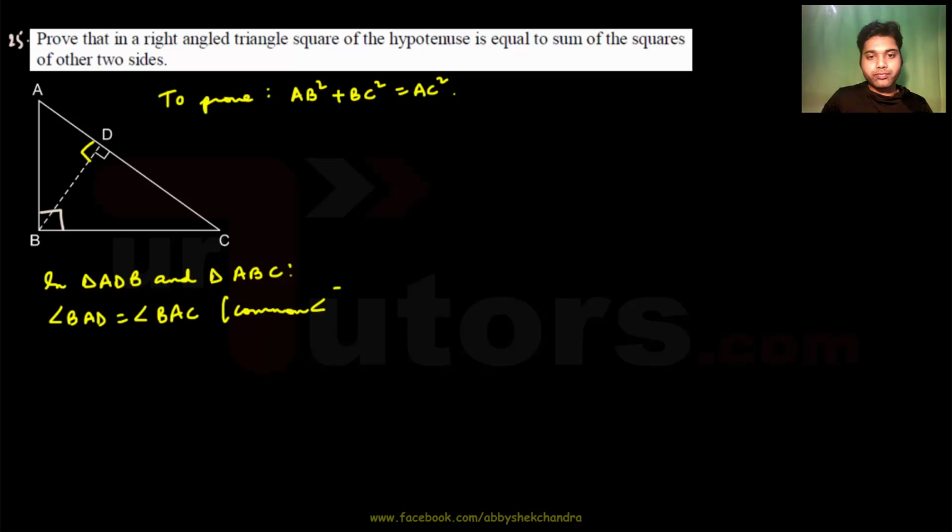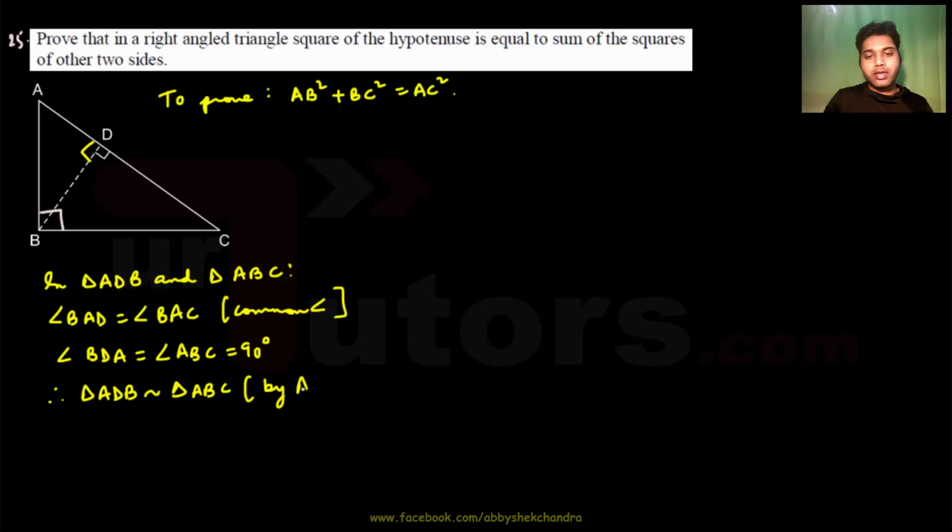That's the common angle of the two triangles. And then again angle BDA equal to angle ABC equal to 90 degrees, right? So therefore triangle ADB is similar to triangle ABC by AA similarity.